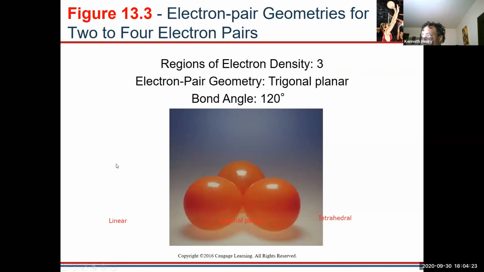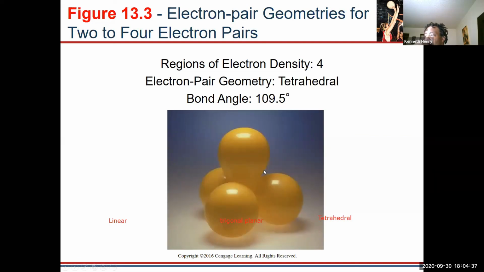If we have three things attached, forming that 120 degree angle, that's going to be trigonal planar. This one has four attachments. That's going to be tetrahedral. Can you guys see it? Yes.